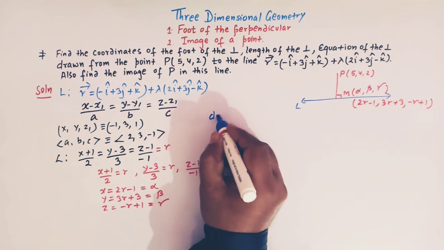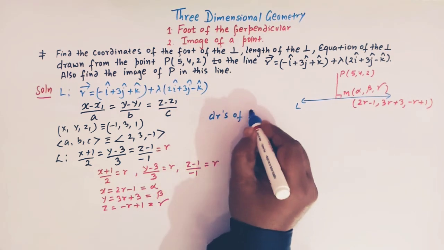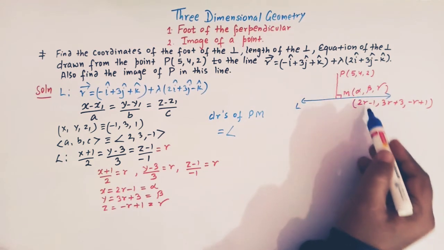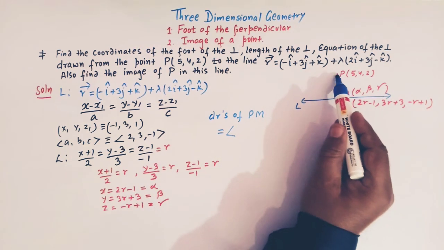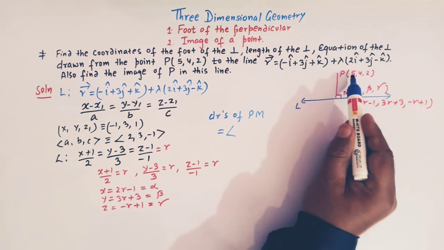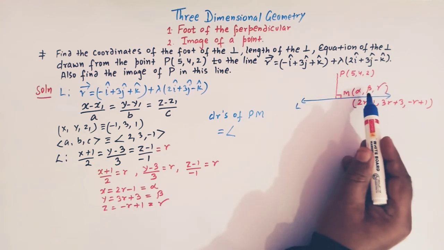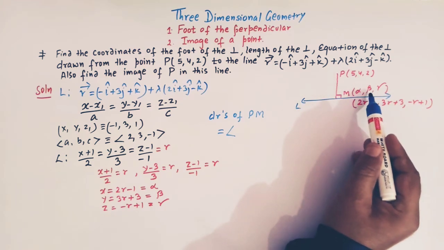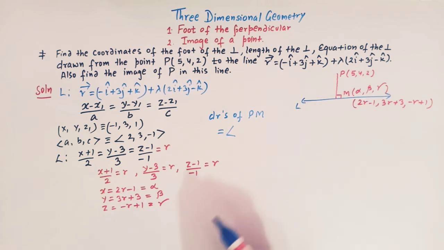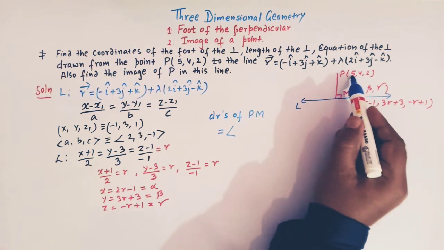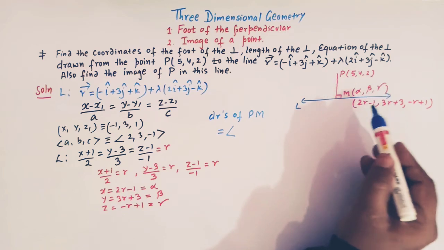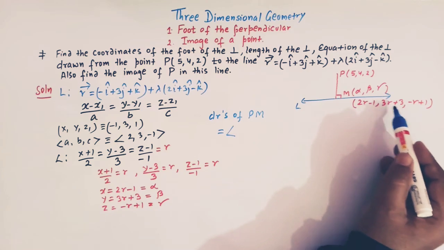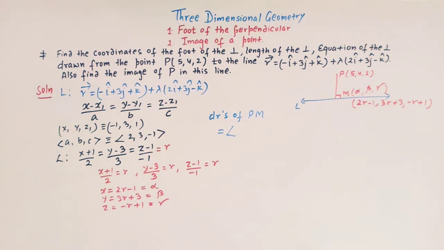The drs of PM are given by the difference of the coordinates, because if we have 2 points whose coordinates are x1, y1, z1 and x2, y2, z2, then the drs are given by x2 minus x1, y2 minus y1, and z2 minus z1. So here x1, y1, z1 is 5, 4, 2, and x2, y2, z2 is 2r minus 1, 3r plus 3, and minus r plus 1.